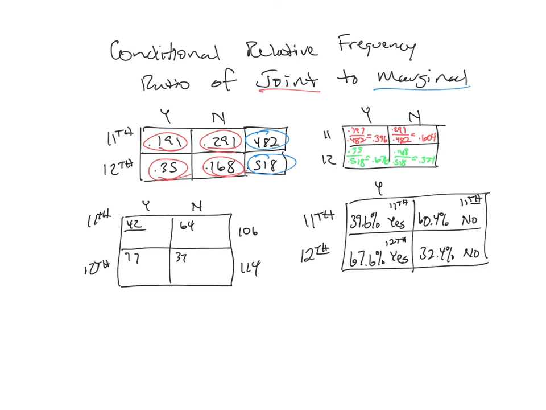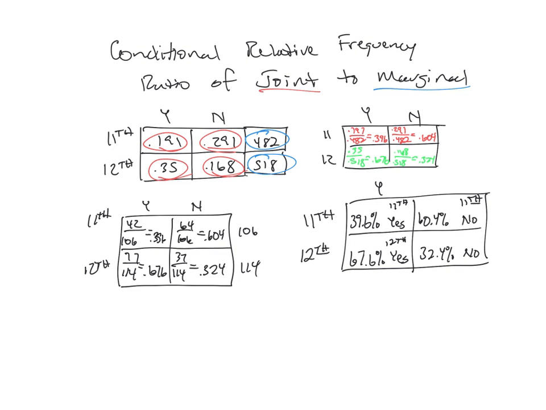If you just do 42 divided by 106, you get 0.396, which is the same. I think that way is much easier than doing all this decimal stuff. So this would be 77 divided by 114, 0.676. Okay, 0.324.